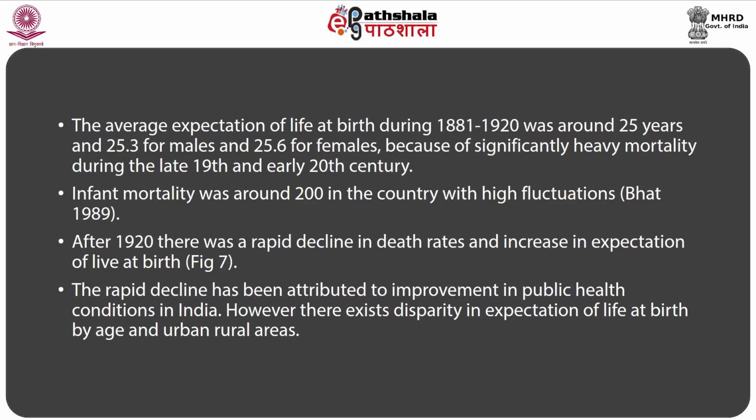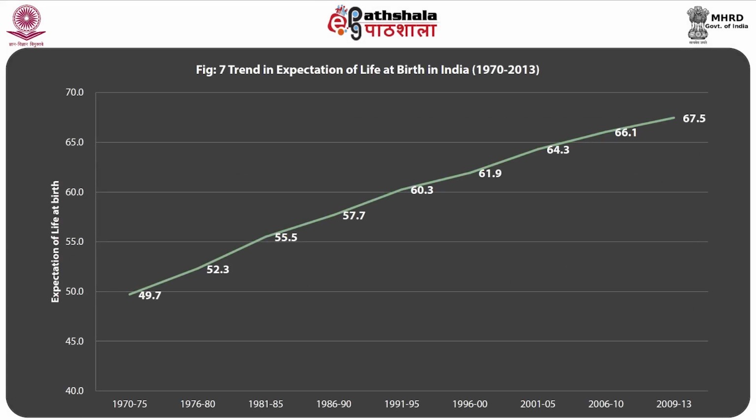After 1920, there was a rapid decline in death rate and increase in expectation of life at birth, figure 7. It has been attributed to improvement in public health conditions in India. However, there exists disparity in expectation of life at birth by age and urban-rural areas.